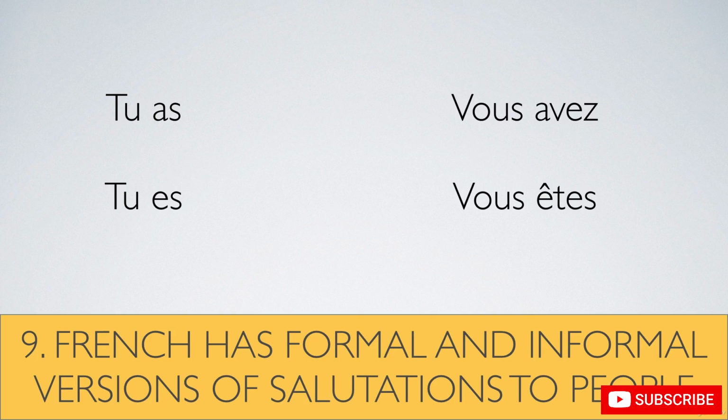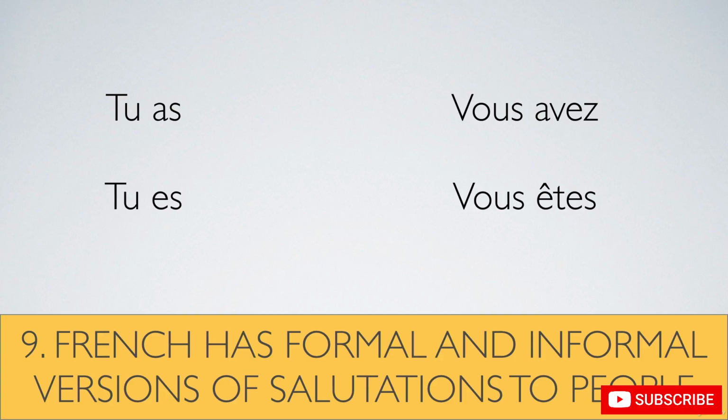Now English used to have this, but it changed centuries ago, where we had thou and thee, and then we had you. Thou and thee were actually the informal versions, equivalent to tu. Eventually, over time, people started to be more and more formal with each other to show respect in English.